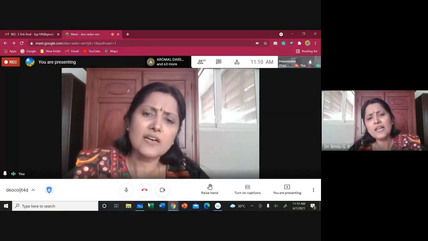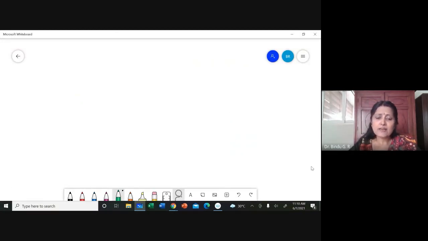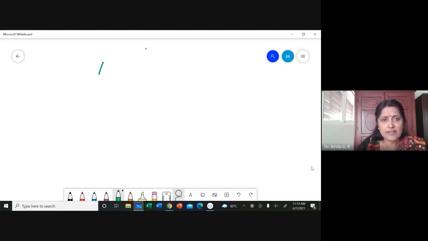Though we are learning some of the basics of magnetic circuits, two names which I would like to mention are Maxwell and Oersted.